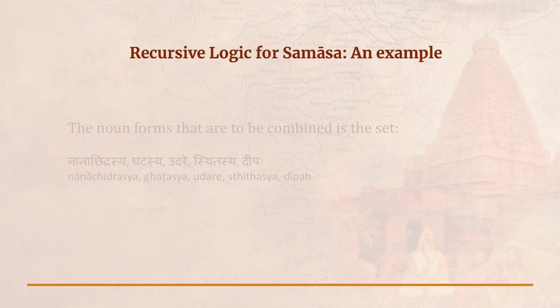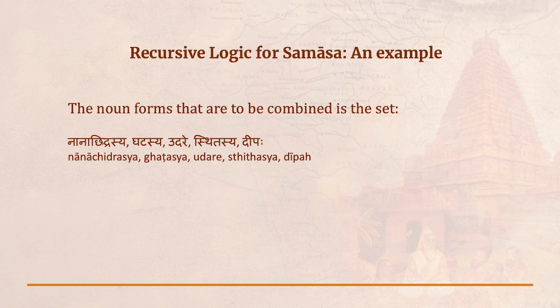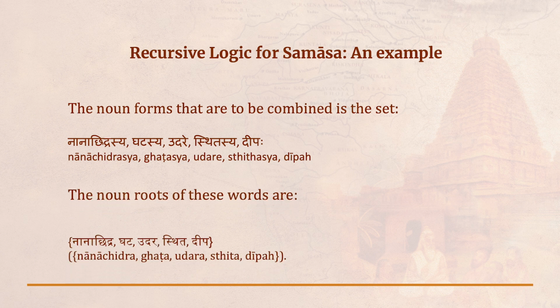Now if you want to express all of them as a single noun, what will we do? These are all nouns. You dismantle all the suffixes and get the noun roots. So you have what needs to be combined: Nana chidra, gata, udara, sthita, deepa. All these are to be combined now.